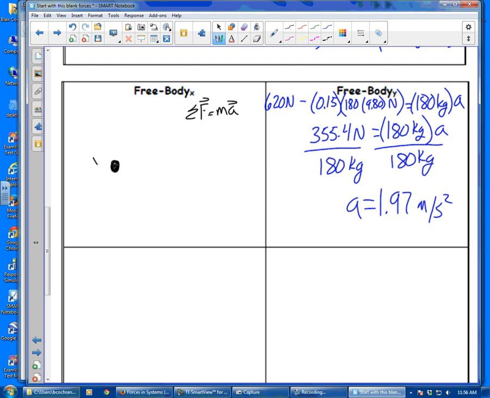I got this, and it's 130 kilograms. Force normal 1. Force 1. F. Frictional force 1.